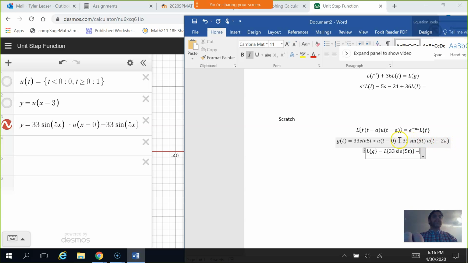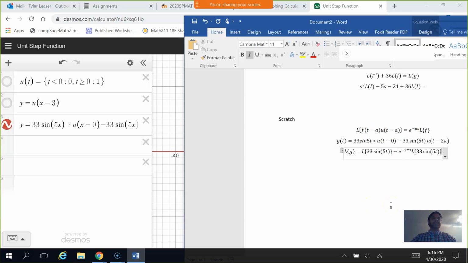The Laplace transform of this whole thing, because of this u of t minus 2 pi, we're going to have an e to the negative 2 pi s out in front, times the Laplace transform of whatever 33 sine of 5t is. Okay, is that part okay, just using the definition or the property up top here?